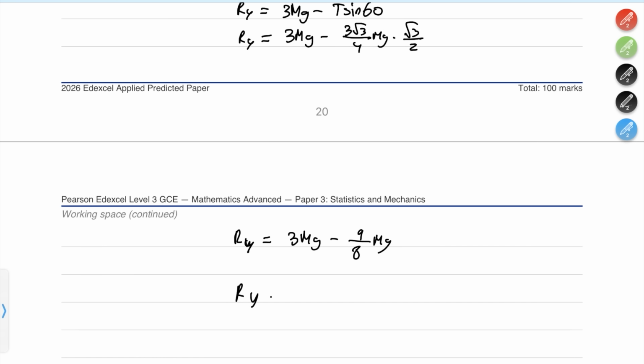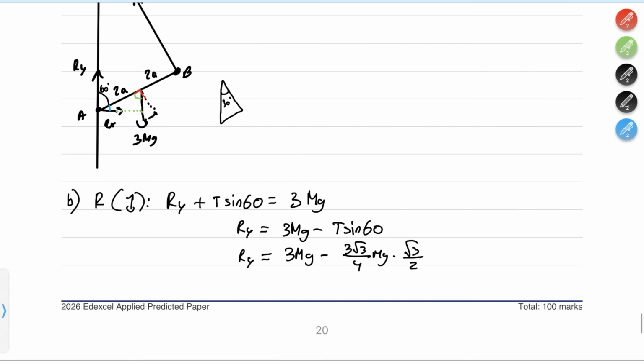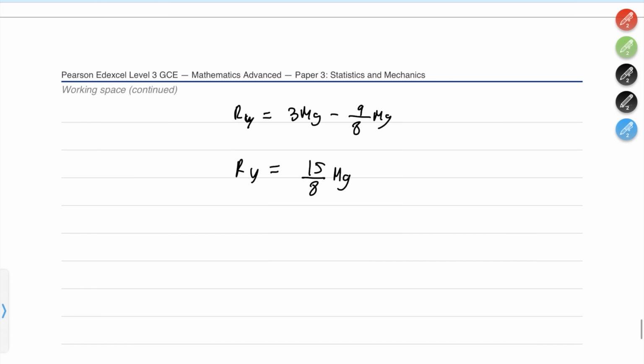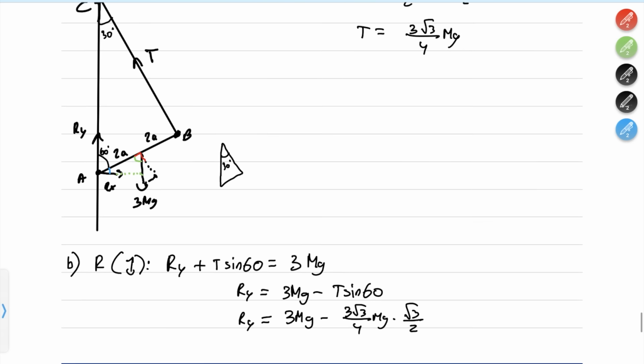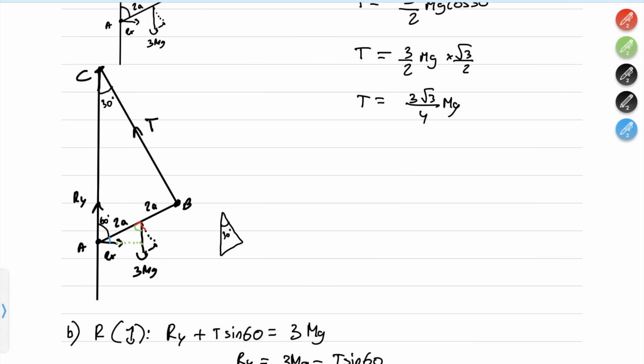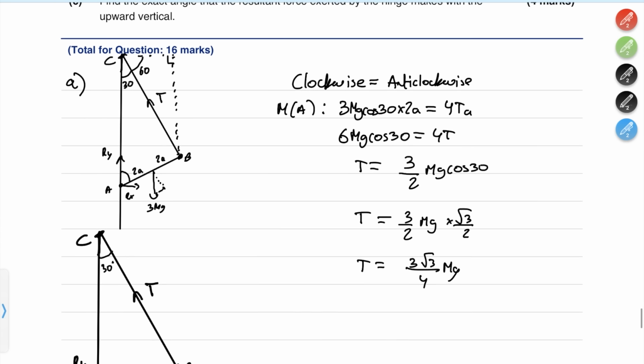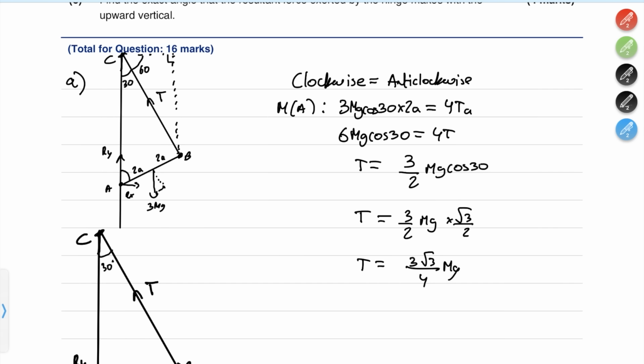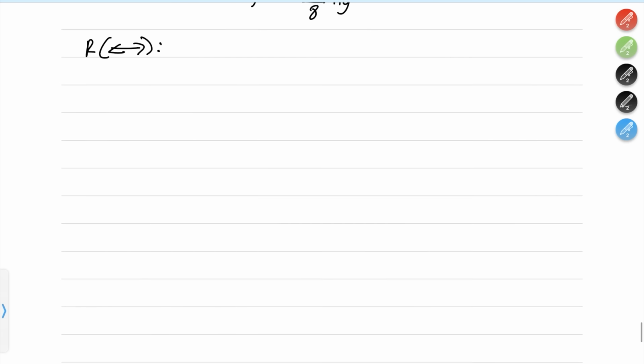So Ry is going to equal 15 over 8 mg. Now finding Rx, we can just do the same thing. We can resolve horizontally, so we can look at the horizontal components. If we do the same thing, the horizontal component of the tension is going to be T cos 60.